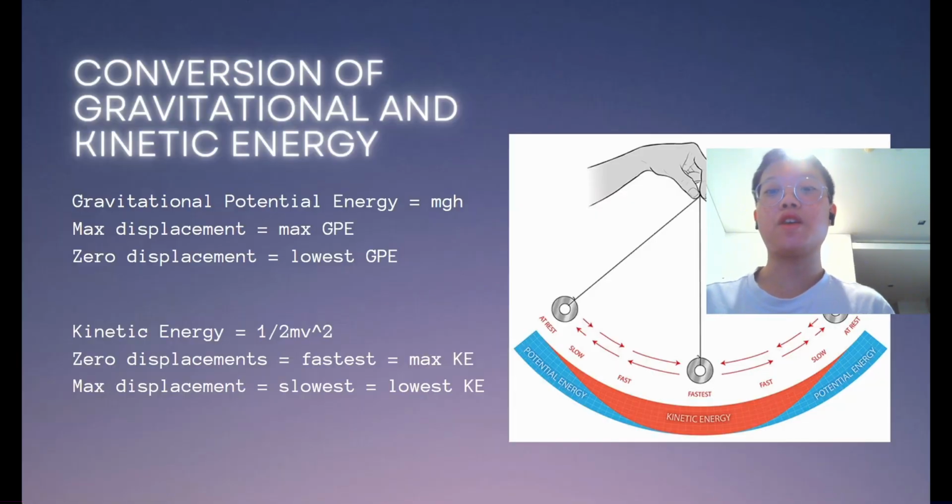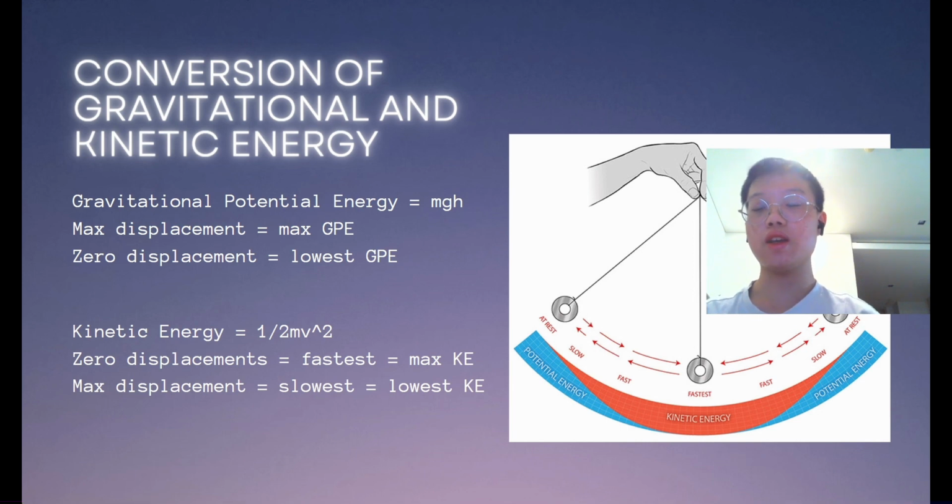Next, we will be taking a look at the conversion of gravitational and kinetic energy. Gravitational potential energy relies on three variables: the mass, the gravitational pull, and the height of the position.